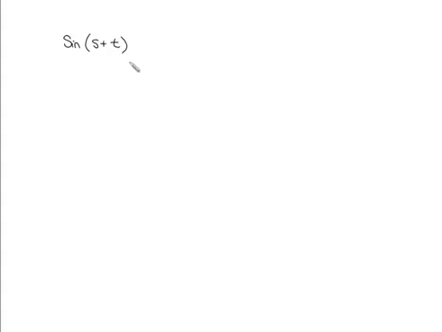It turns out that we can expand this using the following identity: sine of S plus T is equal to the sine of the first angle S times the cosine of the second angle T, plus, because this was plus, cosine of the first angle times sine of the second angle. So sine S cosine T plus cosine S sine T.